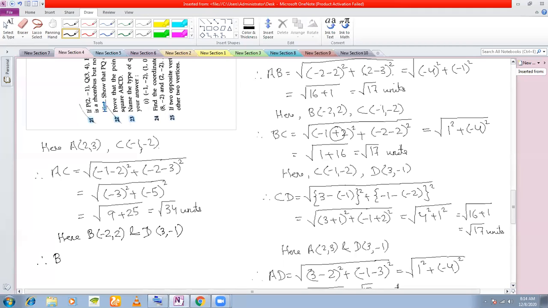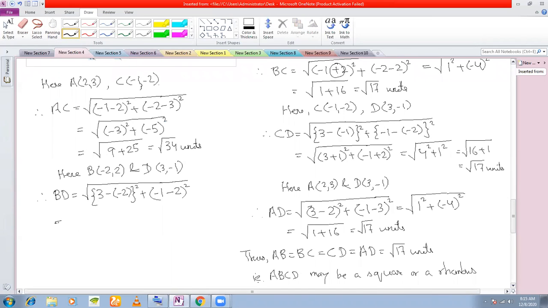Therefore, BD is root over of (3 - (-2)) square plus (-1 - 2) square, which is square root of 5 square plus (-3) square, which is square root of 25 plus 9, square root 34.